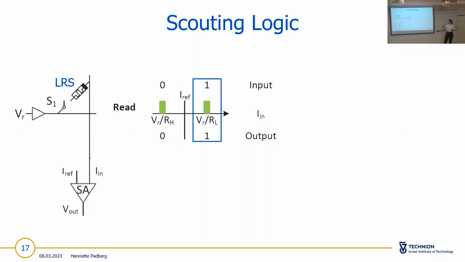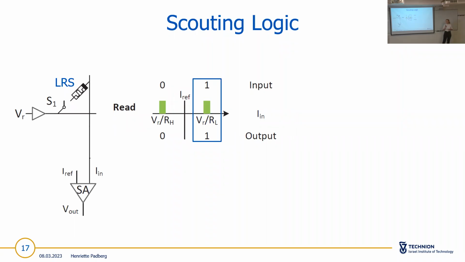If the current is high, we can say the output is 1. But we can only do that because somewhere we place this reference current where we say, okay, each current below the reference current equals 0, and each current higher than this equals 1.